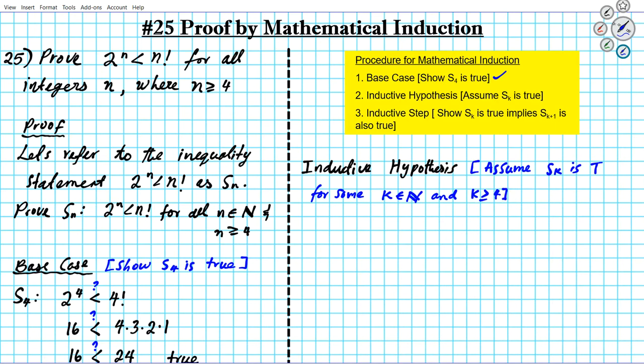Let's go ahead and write down the formal statement. In the inductive hypothesis, we're going to assume that the statement S sub k, which is 2 to the k is less than k factorial.